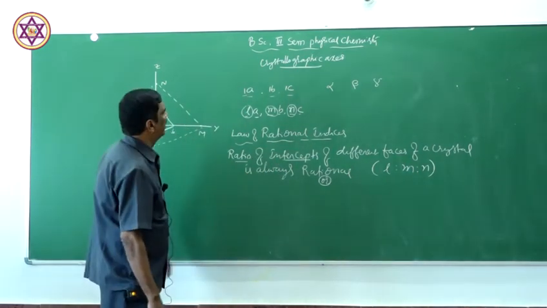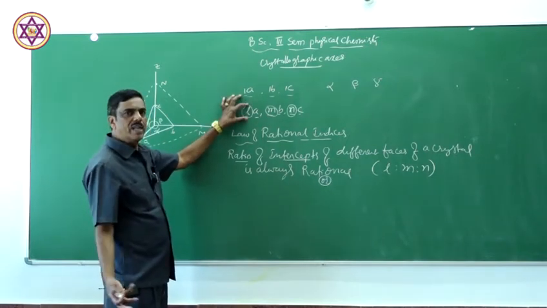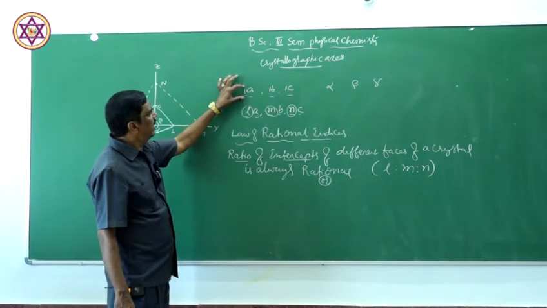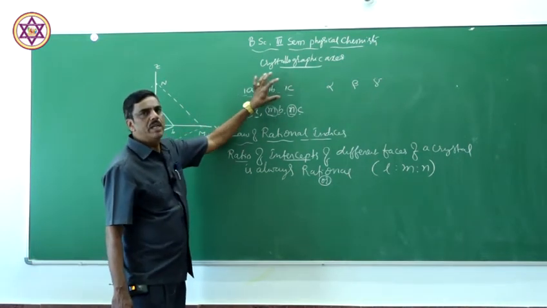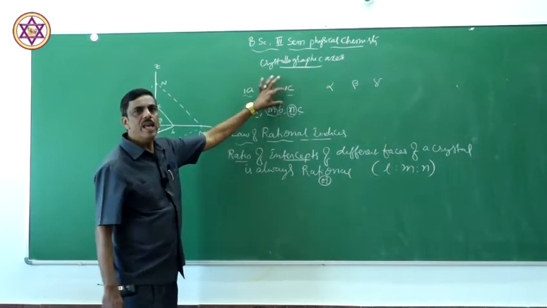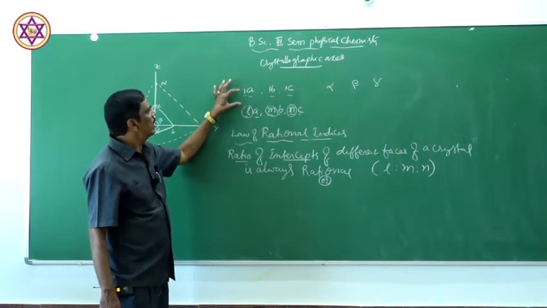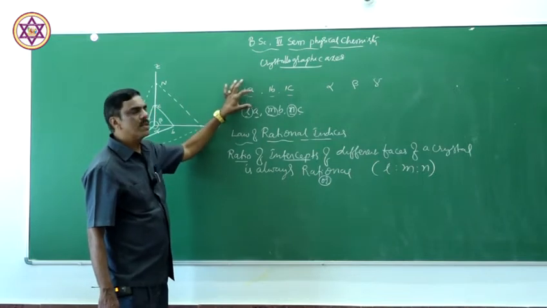It says that the coefficient of the intercept of any face of a crystal may be unity, 1A, 1B, 1C, or simple whole number multiples of the unit length.